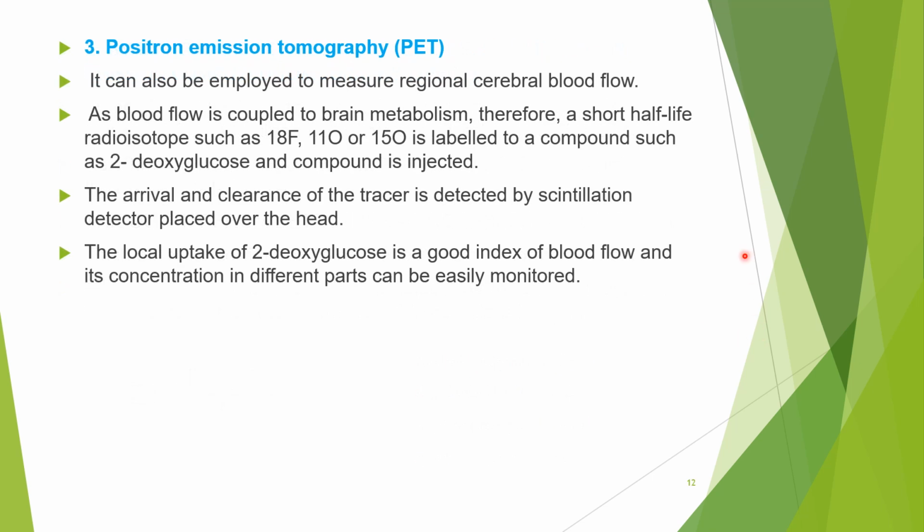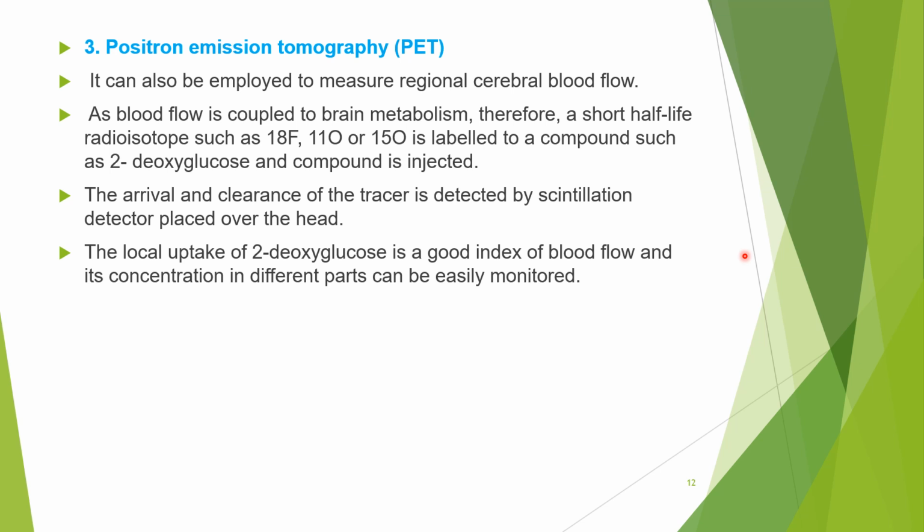Now coming to the third one, that is PET, positron emission tomography. It can also be employed to measure regional cerebral blood flow. So with the help of this also, like SPECT, we can measure the regional cerebral blood flow.